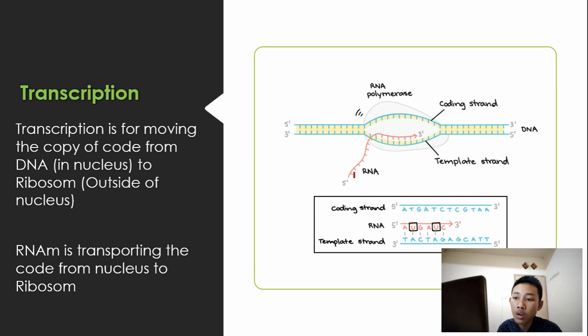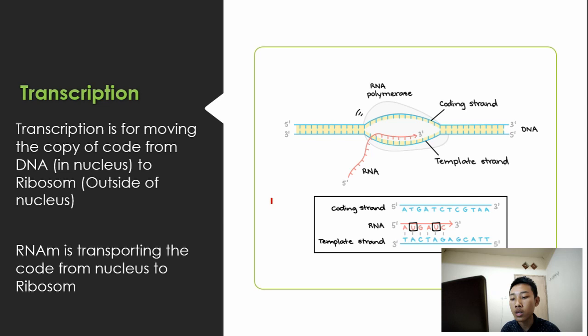Here, messenger RNA will transcribe, will copy the code from the DNA's template strand. This is the coding strand and the template strand. The RNA copies the code from the template strand. Just like I said before, T pairs with A. A pairs with T actually, but in this case, this is an RNA.